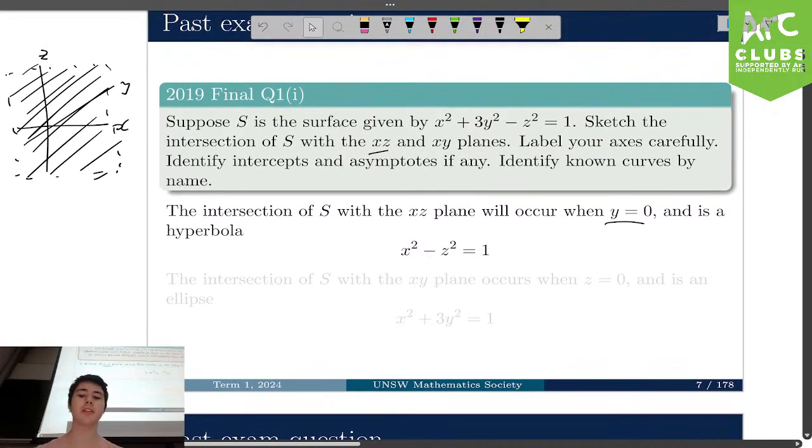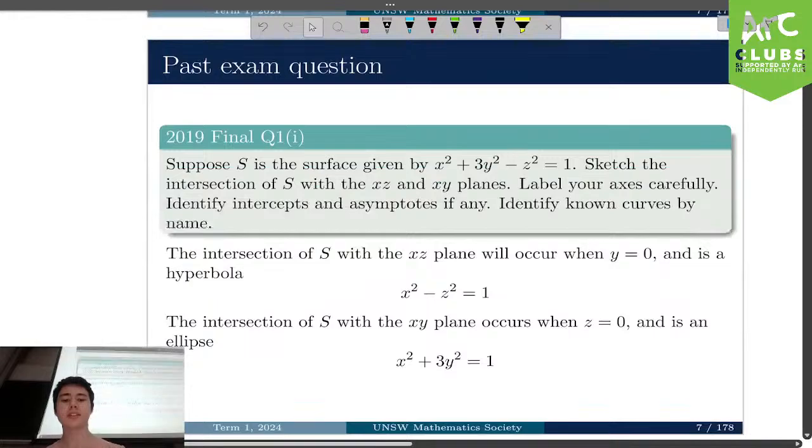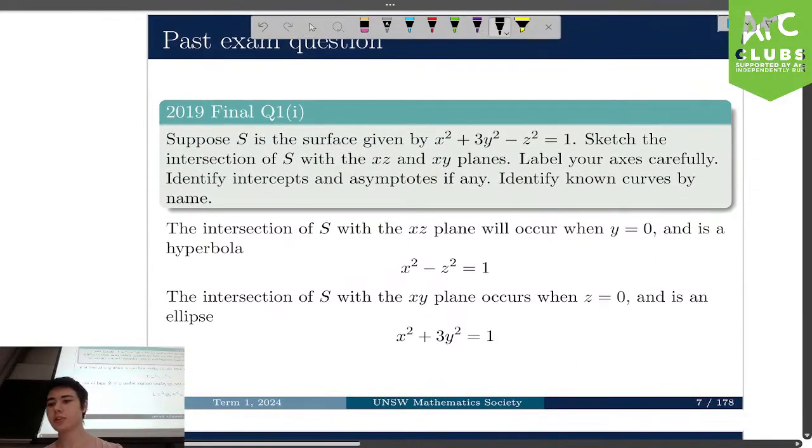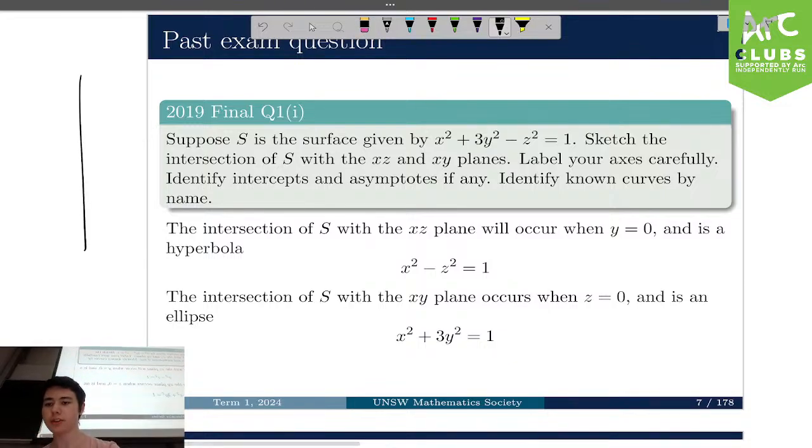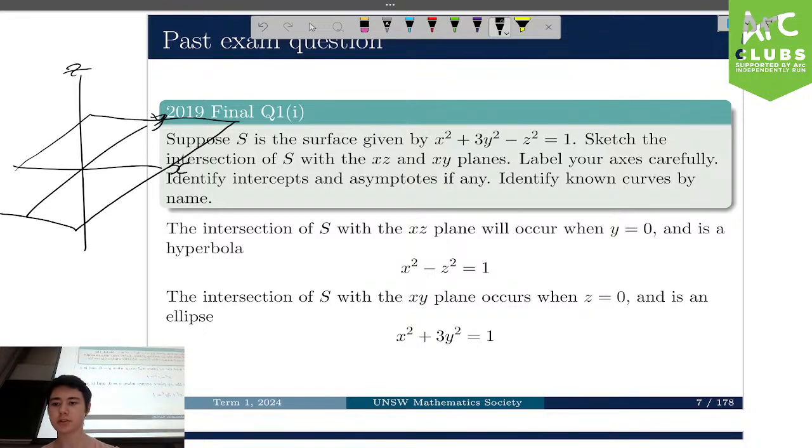Next up, we have the intersection of S with the xy plane. So if I make a similar little sketch over here, the xy plane is going to occur when z equals 0. So we have this lower sheet.